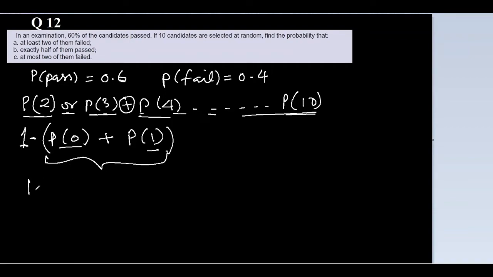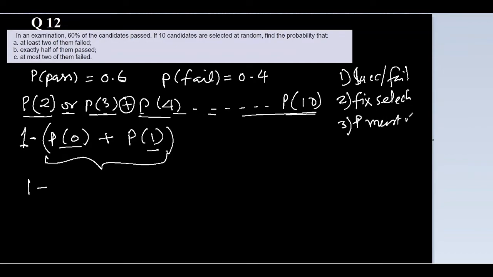So we'll do this. This is binomial probability. Why? Binomial probability has 4 conditions. First, there should be a success or failure probability, no third possibility, that is there in this question. Number 2, there should be a fixed number of selections, that is there. Number 3, the probability must not change, and that is happening.